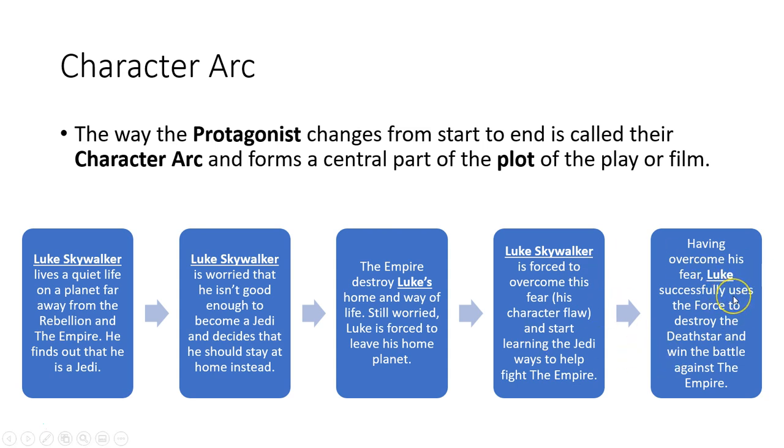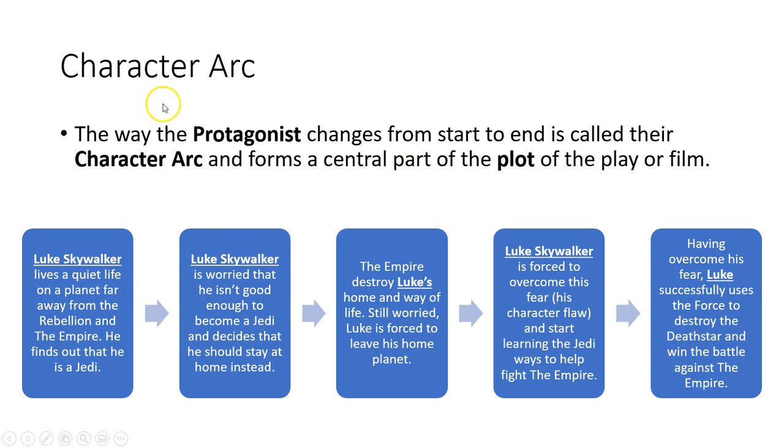And by the end he overcomes that fear and successfully uses the Force to destroy the Death Star and win the battle against the Empire. So that then becomes Luke Skywalker's character arc through the film, and of course that forms the central part of the plot of the film.